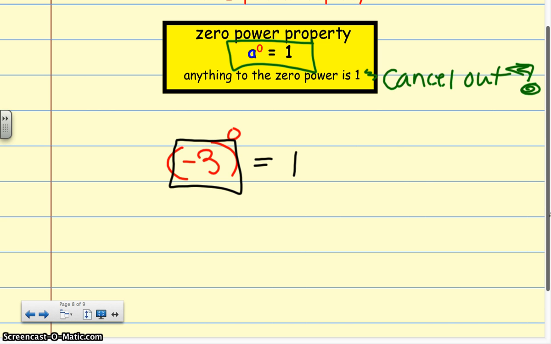But if I had negative 3 to the 0, I can't say that that negative goes with it. That breaks it up into 3 to the 0 and negative comes down. Okay, so there is a huge, huge difference. So be very careful for that. And I think that's plenty of examples for you to do your assigned problems.